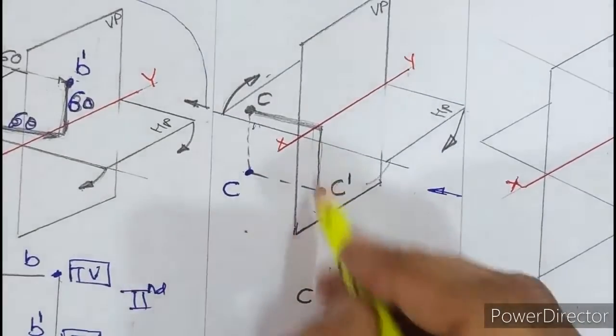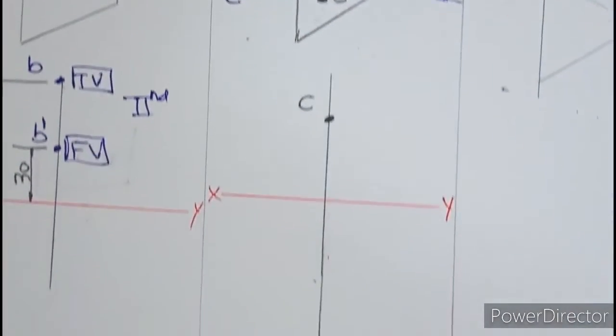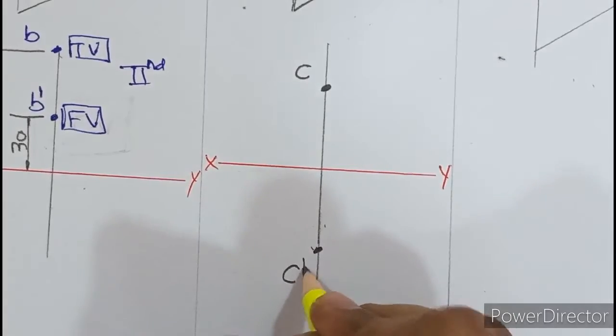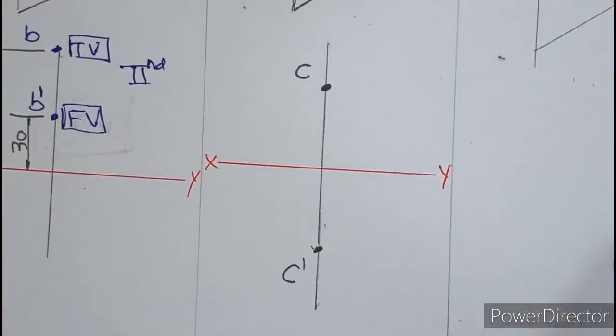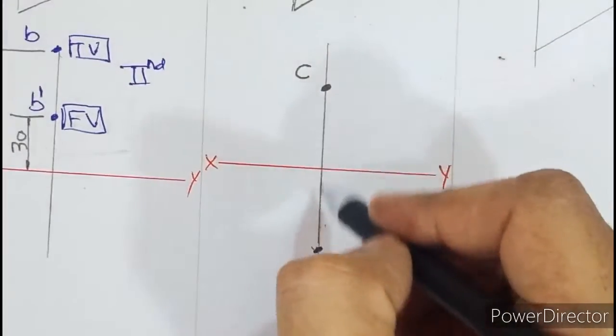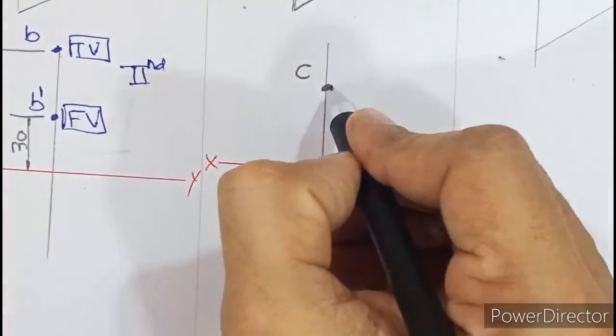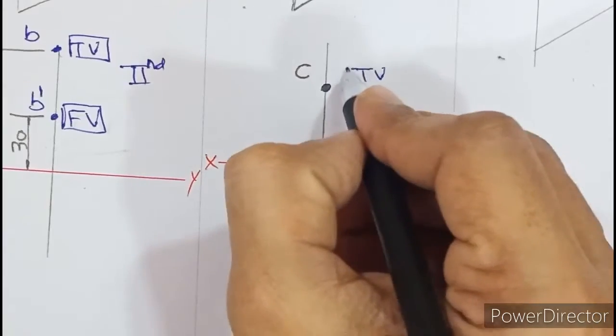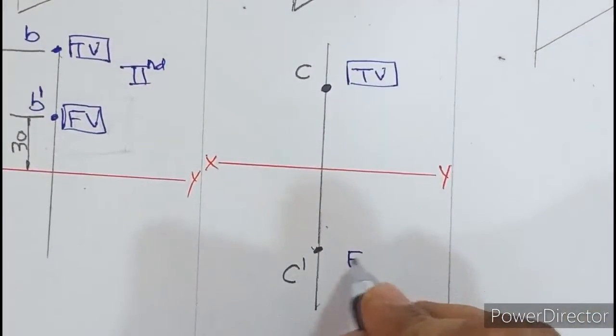And C dash will remain down, isn't it? So below xy, C dash will remain here. So where to write C dash? Left side and below. And this light line is called the projector of C. So only the object, that is the point, has to be dark. So the top view is here and the front view is on this side.